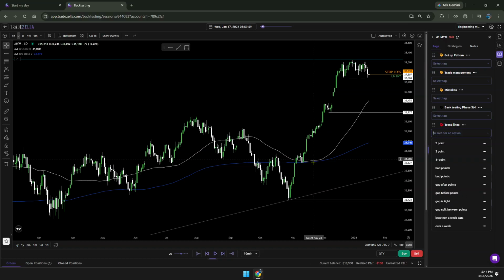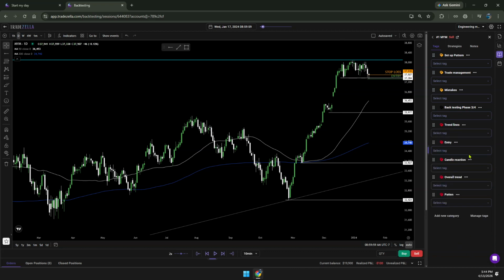This has to do with the trend line and how it works. I did a support resistance level break, which is in my trading. What was the entry? I had little tags for what was happening at entry, which was that I entered right after the break.